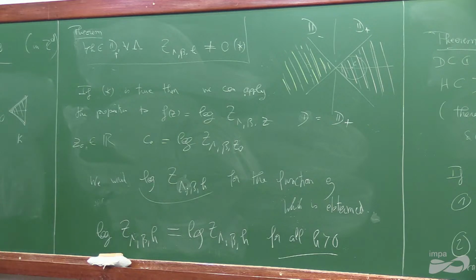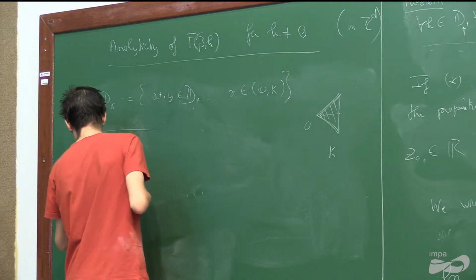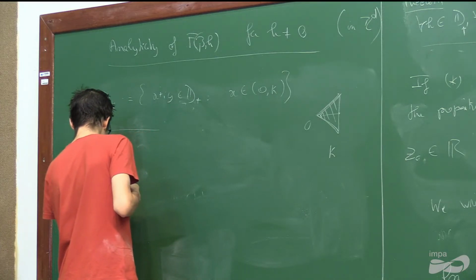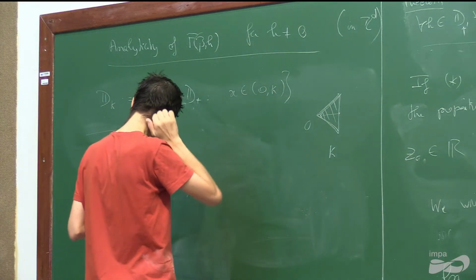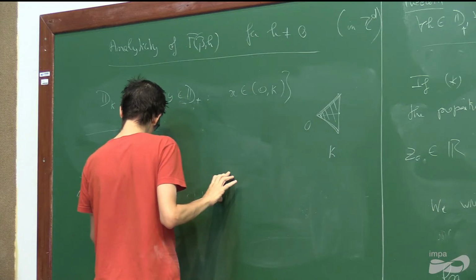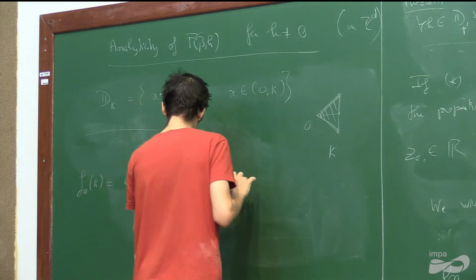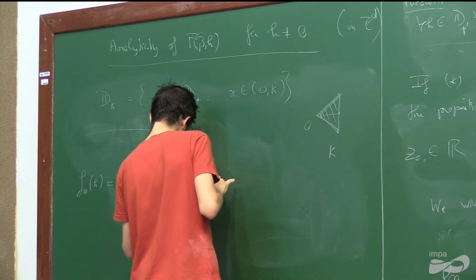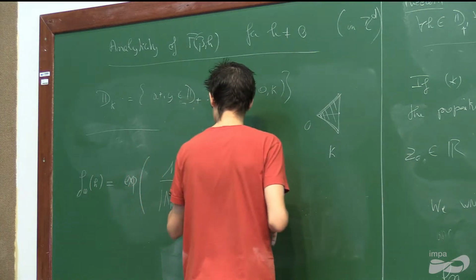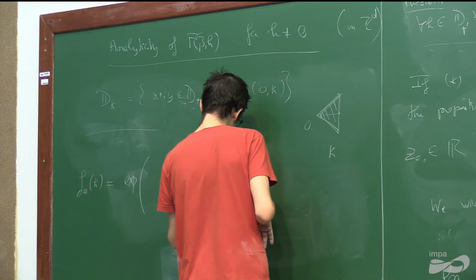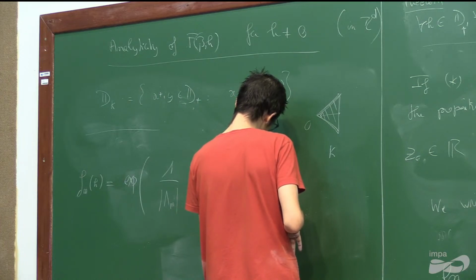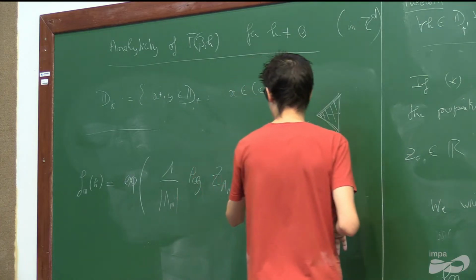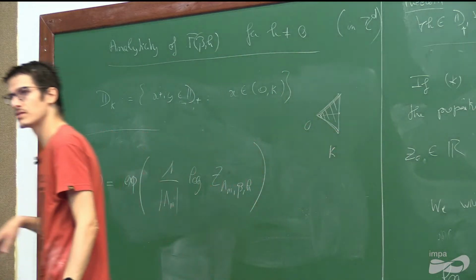So we are going to consider F_n, which is just the exponential of (1/lambda_n) log Z_{lambda_n}(beta, h).